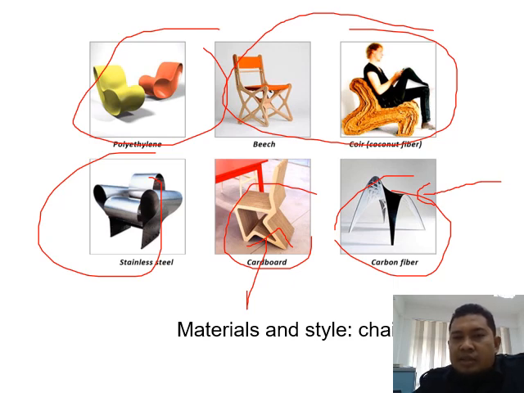Over here, coconut fiber probably can be used inside the cushion. Okay. Here, carbon fiber is not so nice to be used as a chair, but it can be used. Okay, probably will cost you like 2,000 ringgit like that.